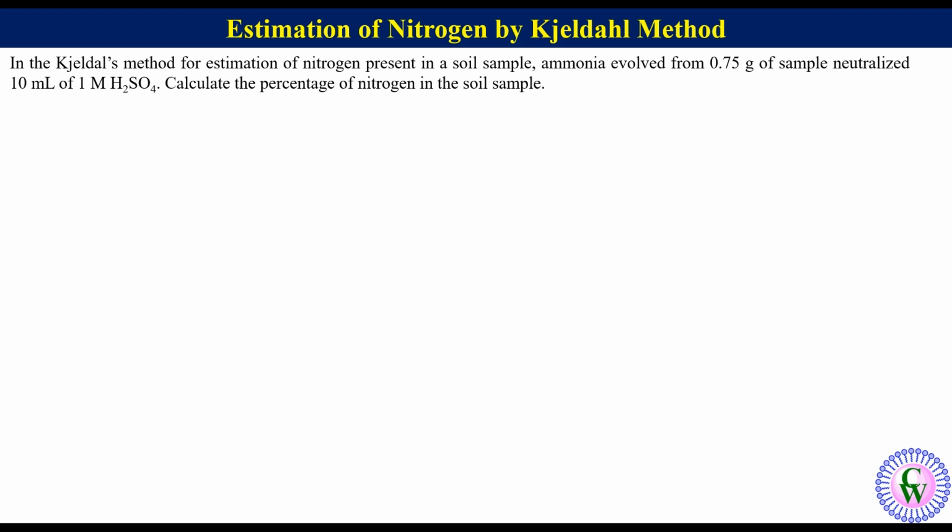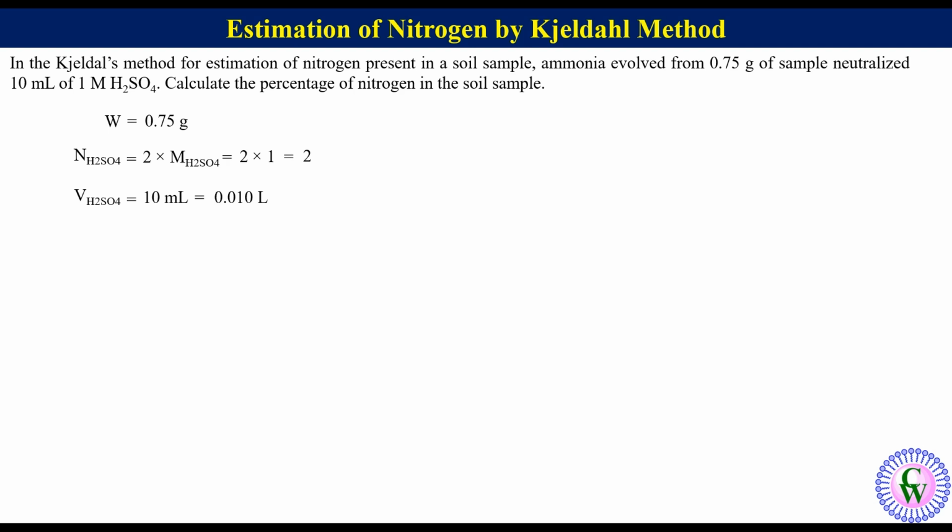Solution. Given that mass of sample capital W is equal to 0.75. We know that normality of H2SO4 is equal to 2 into molarity, is equal to 2 into 1, is equal to 2. Actual volume of H2SO4 used in the neutralization of ammonia is equal to 10 ml, that will be equal to 0.010 liter.